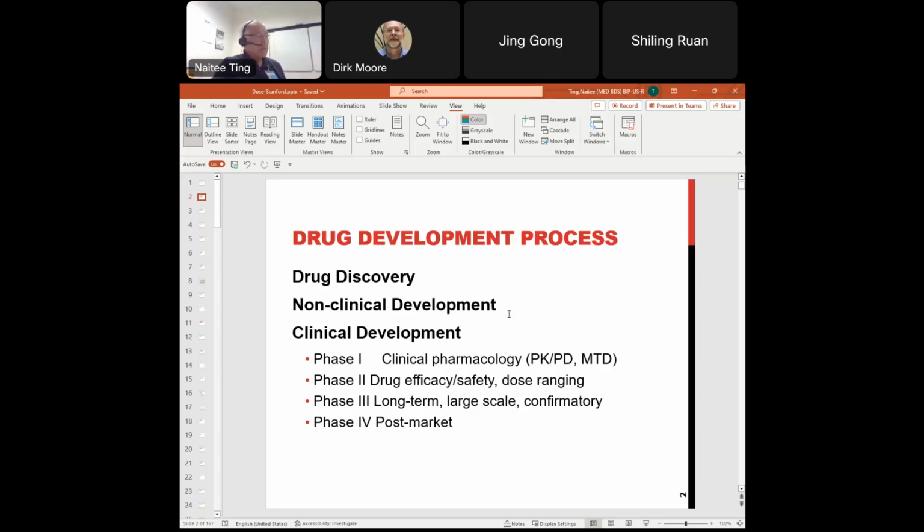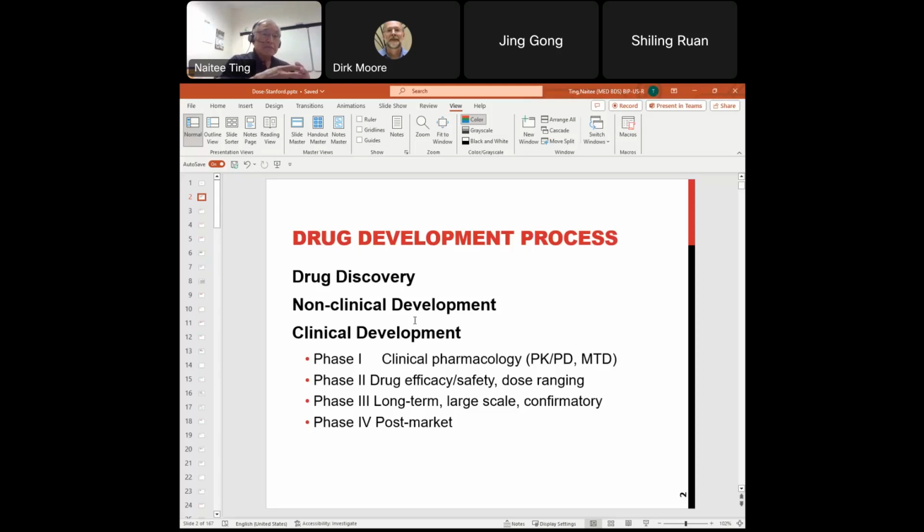So you can imagine that discovery's job is to keep coming up with new compounds, and non-clinical development is trying to select out the ones that don't work or have toxicity or have formulation problems, stuff like that. So in non-clinical development, one of the important milestones is what they call toxicology.